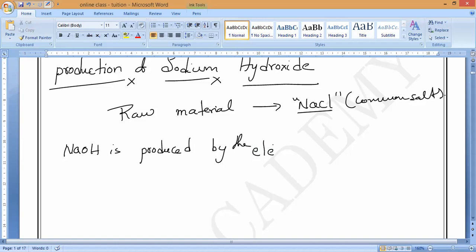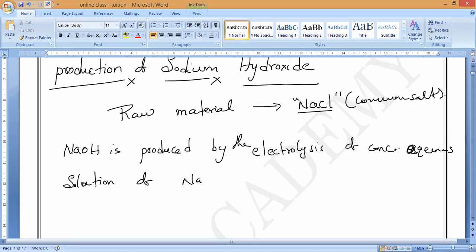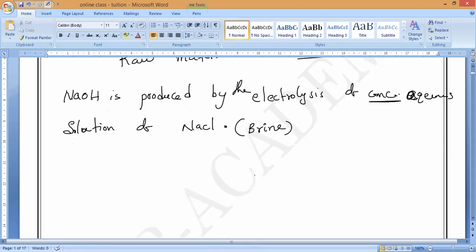By the electrolysis of concentrated aqueous solution of sodium chloride. Is it yes or no? Right. This concentrated aqueous solution of sodium chloride is called brine solution. That is what you have to remember. Do you understand?